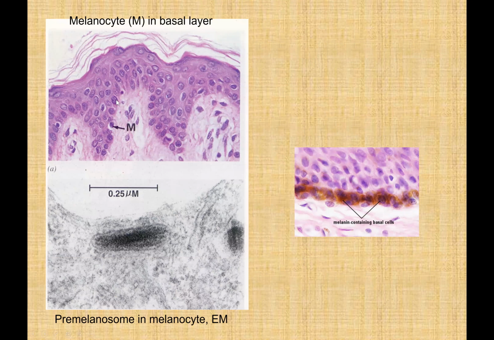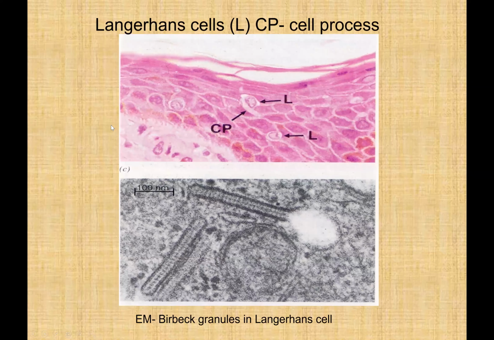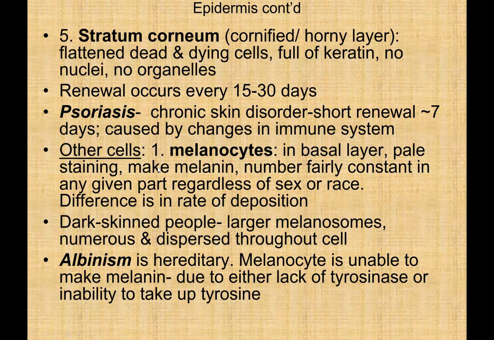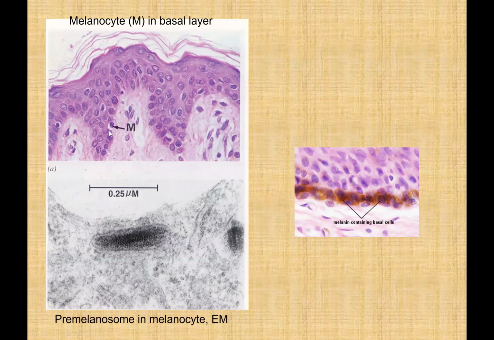So when we look at the stratum basale, this is the stratum basale, and this is a melanocyte, usually having some pale staining, more cytoplasm around it, with its larger melanosomes inside here.